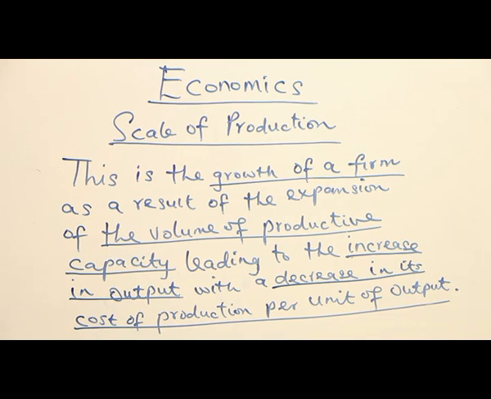And if there is an increase in productive capacity, it's implied that we are having an increase in output. Not only that, we want to ensure that there is a decrease in the cost per unit of the output. So if a firm can have an increase in output as well as a decrease in cost per unit of the output, then the firm is experiencing what we call growth, that we call scale of production or economies of scale.